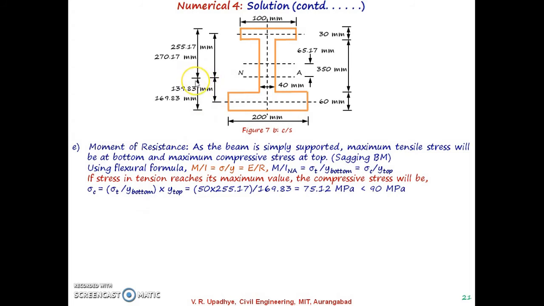Y top, the distance of the topmost fiber, is 255.17, and Y bottom is 169.83, and sigma T, the permissible tensile stress, is given as 50 megapascal. If we substitute 50 megapascal and these two distances, the compressive stress developed in that condition will be 75.12 megapascal, and the permissible compressive stress is 90 megapascal. So it is still less than the permissible compressive stress.